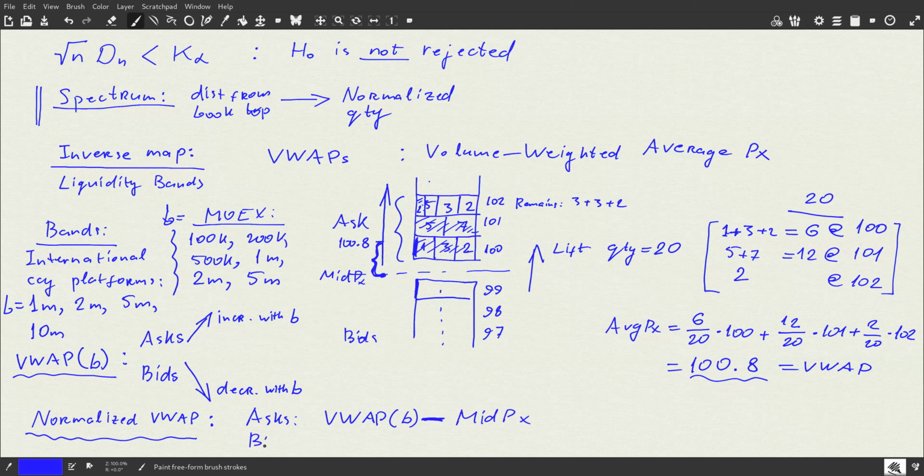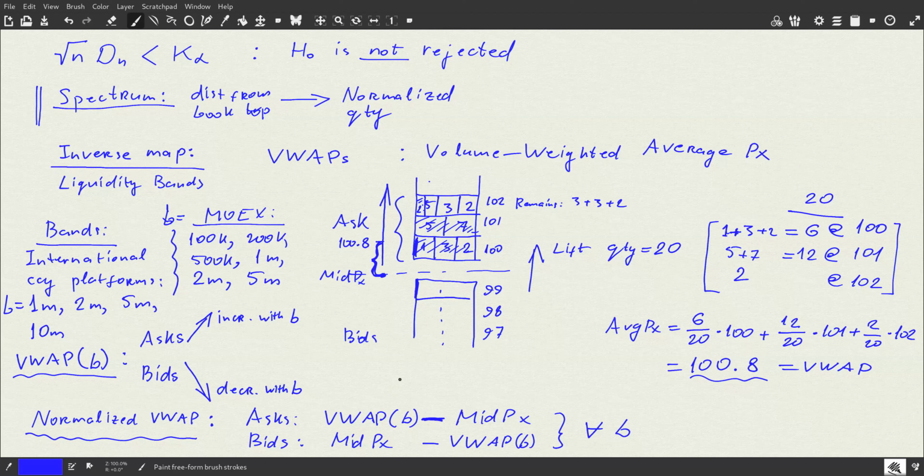For bids, it will be the other way around, mid price minus VWAP of B. For all values of B we have selected, okay? Which is a kind of inverse map compared to the spectrum.